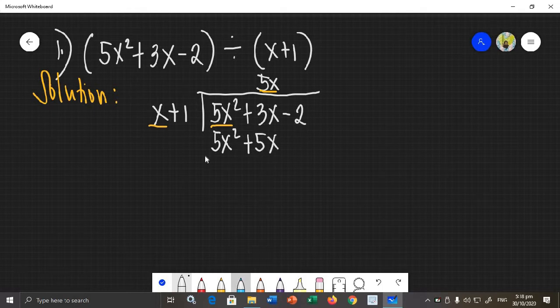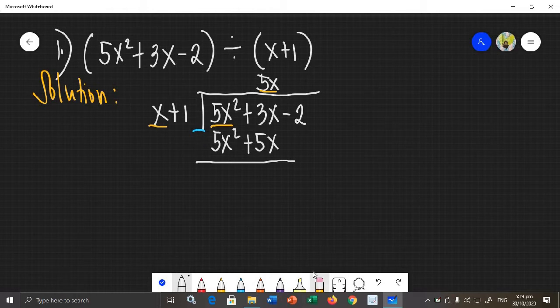Okay? And then we will subtract them. But before we subtract, we will apply the rules in integers. Hindi lang tayo basta-bastang magsusubtract agad.